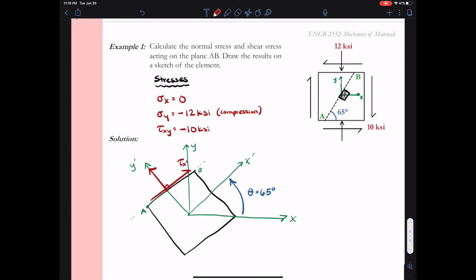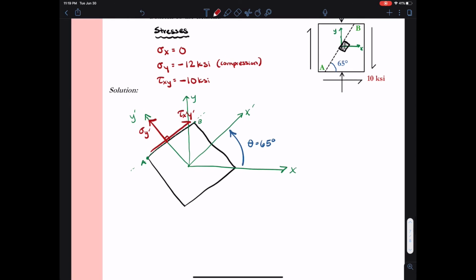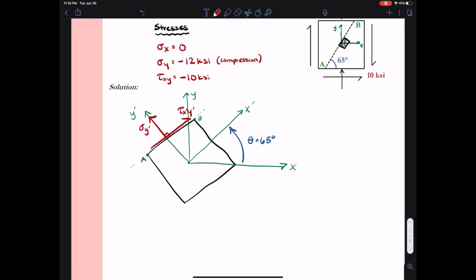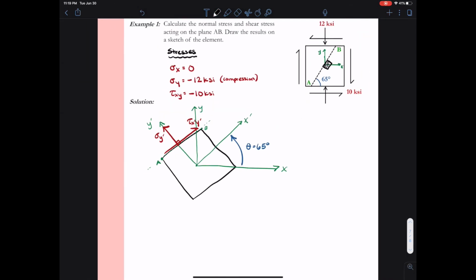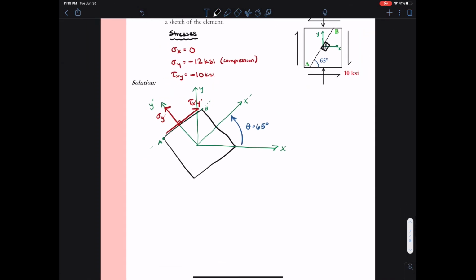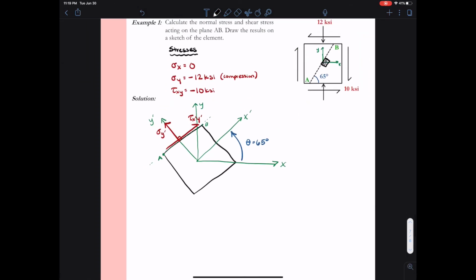So this is really the hardest part about the example problem. Once we get to this stage and we now know that the question is asking us to solve for sigma y prime and tau x prime y prime, all we have to do is use the stress transformation equations that we previously developed, and we just have to plug in the values that we identified already for sigma x, sigma y, and tau xy.